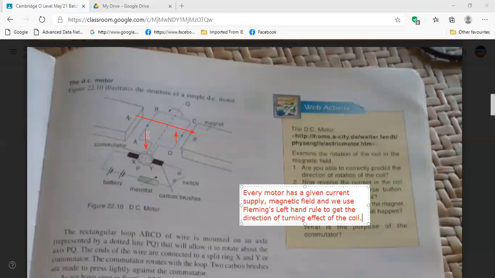Isn't it? And then AB goes upwards. So this way we have continuous rotation of the coil because of the split ring commutator arrangement. Okay, so we are writing it here.